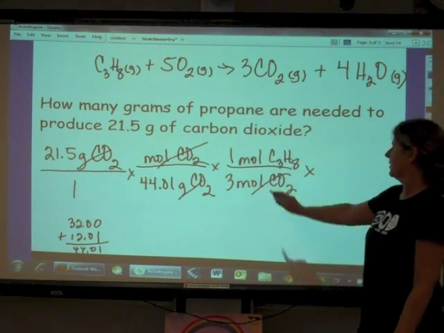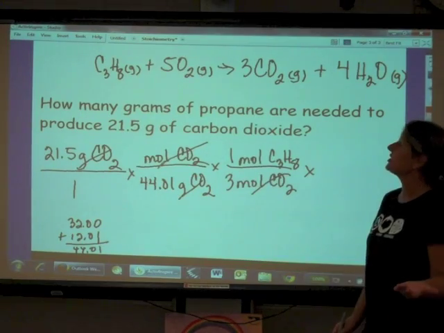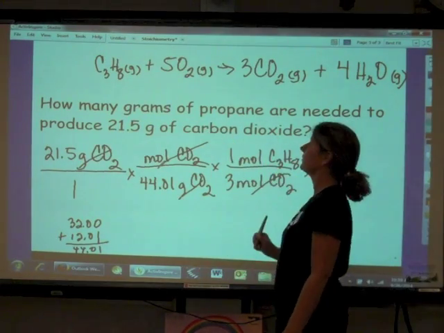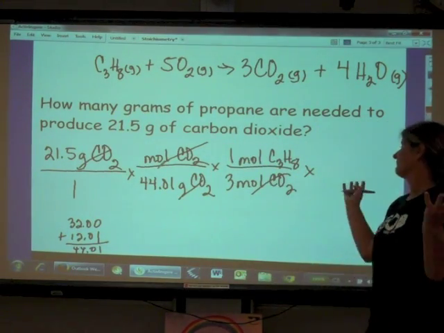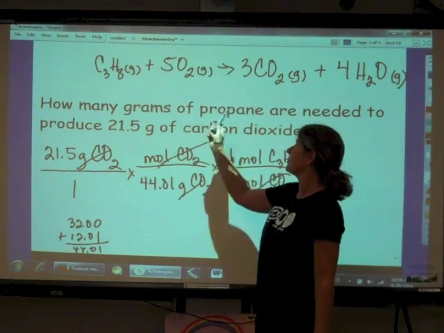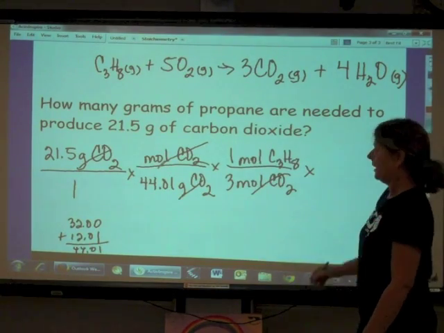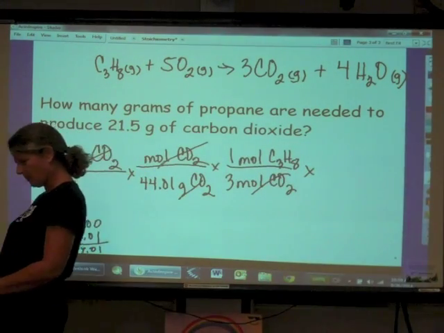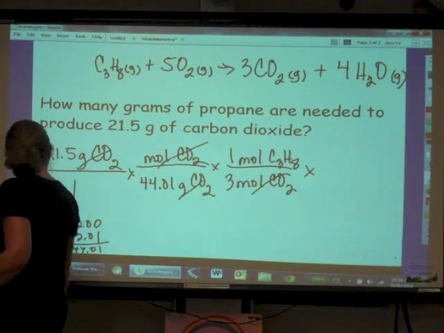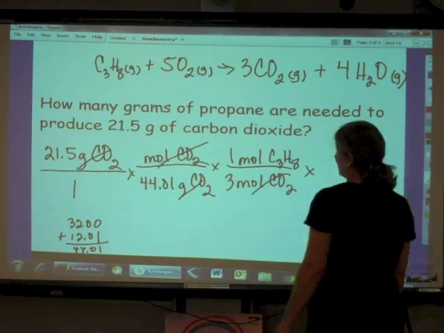We're almost there. We're at moles propane now. And if the question said how many moles of propane are needed, we'd be done with the problem. But it's asking us for grams of propane, so we're going to need to convert it. We actually have the molar mass of this somewhere else, right? It is very close to the CO2.